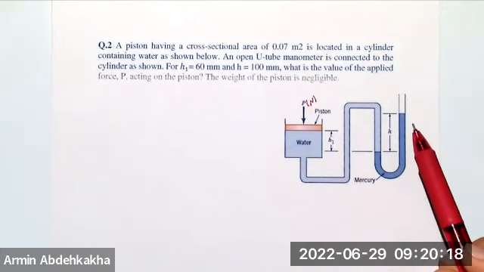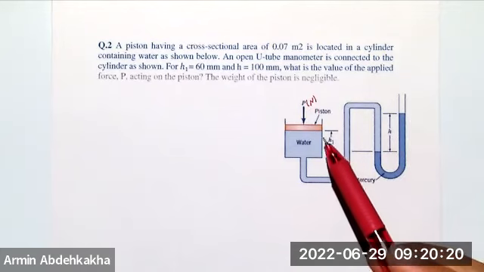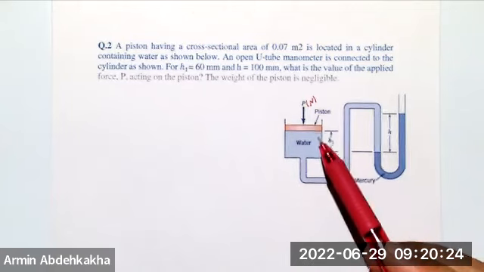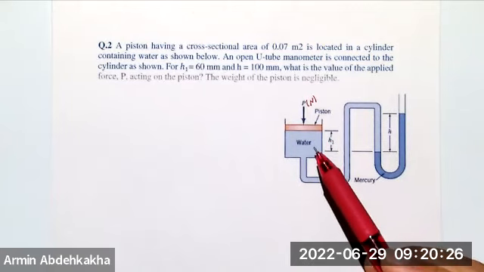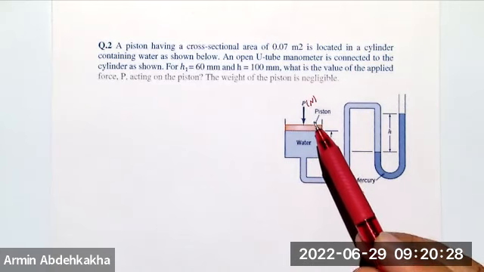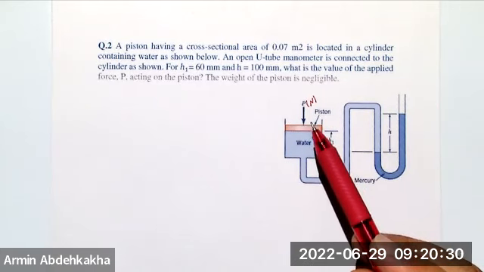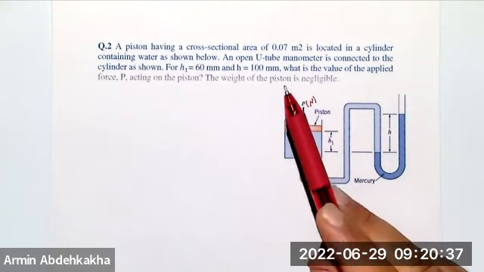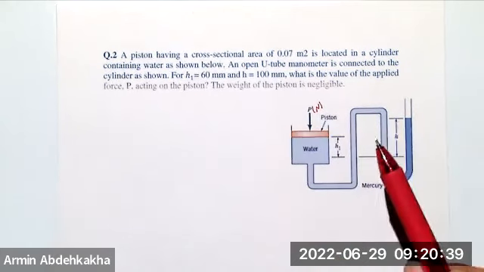So you will find the pressure here, and then you have two forces, one at the bottom because of the pressure and one because of the additional or external force on top. And you also have the weight of the piston, but it's mentioned that it is negligible.